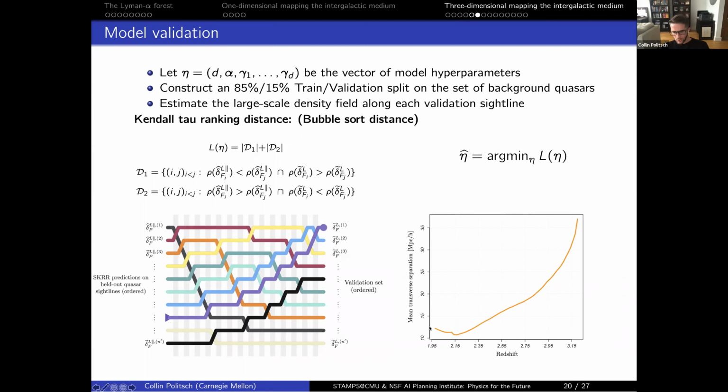And then recalling again the transverse line of sight separation, kernel ridge regression is a design adaptive method in the sense that it'll be higher resolution, it'll be wigglier in areas in the spatial domain where there's more data, and it'll be smoother in areas of the spatial domain where data are more sparse.